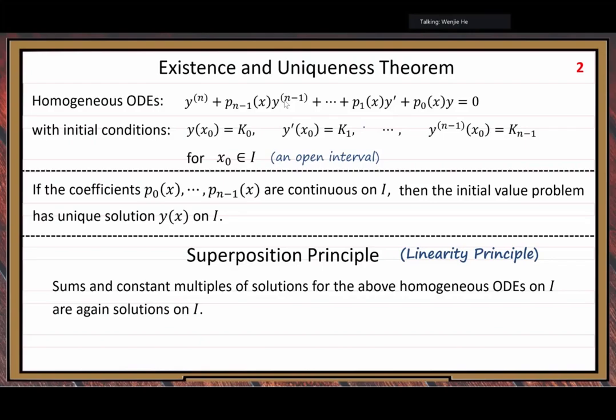So we call it a linear combination. This phrase, sums and constant multiples of solutions, is our linear combination concept. So here I have to write the linear combination concept.